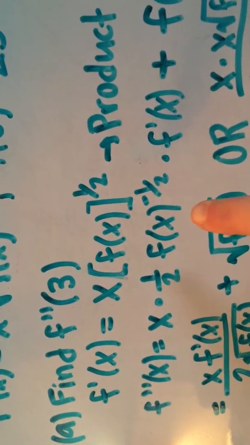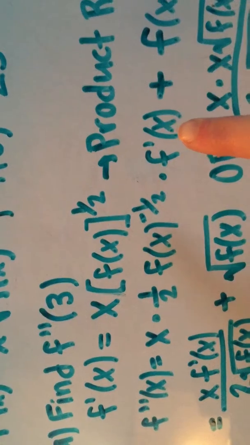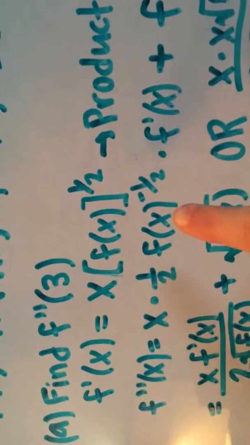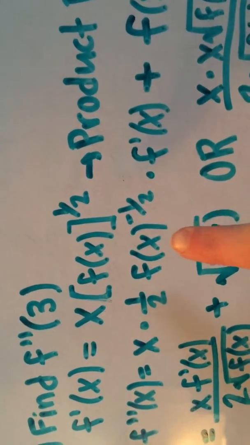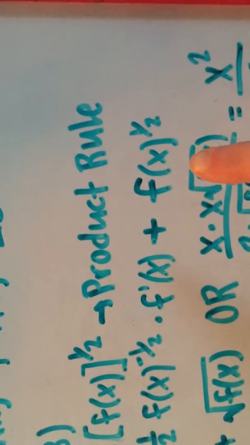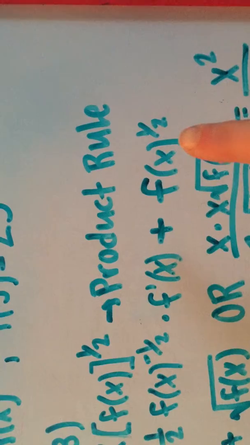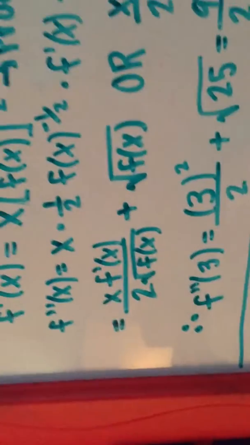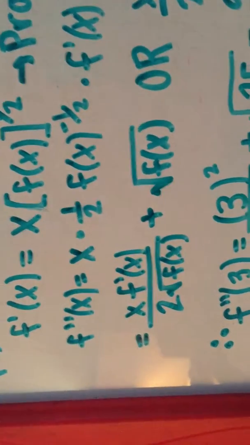There's also the chain rule included, because you have to include f prime of x. So you use the power rule, and then take the derivative of the inside of the function. Then it's plus f of x to the 1/2, times 1 because the derivative of x is 1.